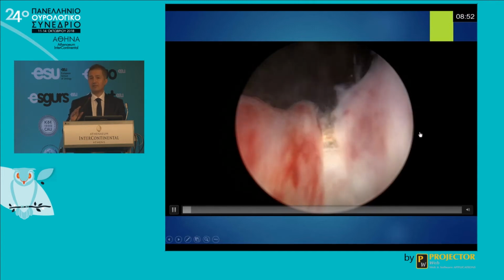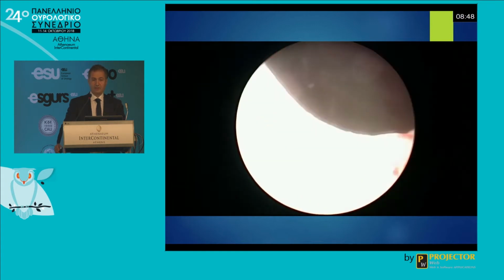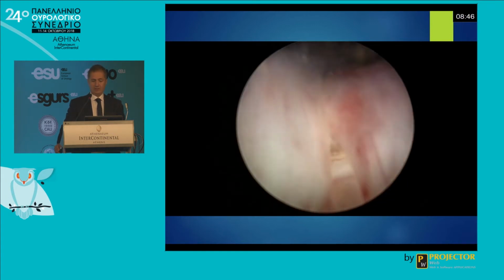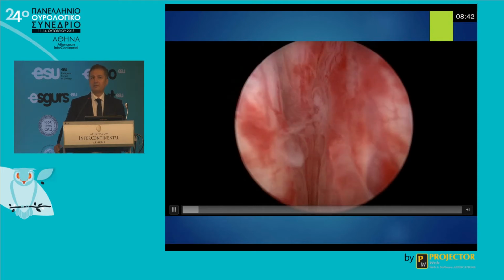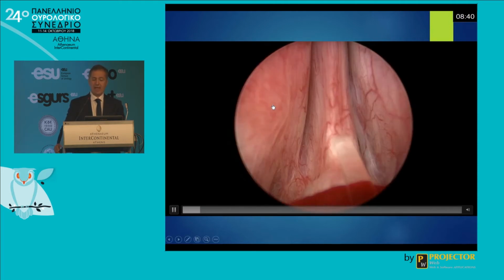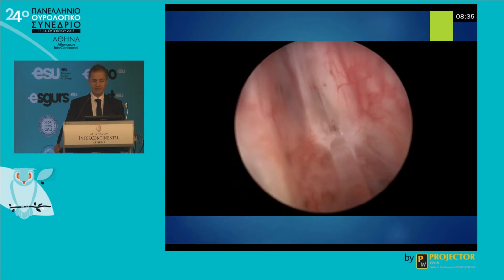There are no landmarks. There are no strict criteria. The techniques described are only for two-lobe, three-lobe, and en bloc enucleation, but these are the shapes of the prostate.